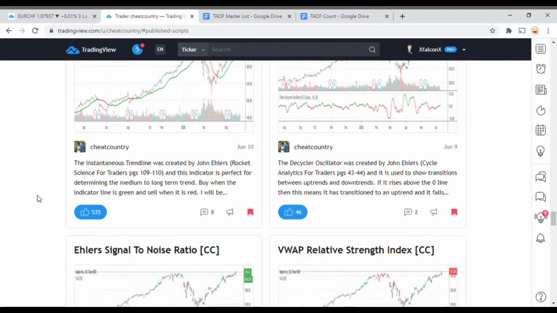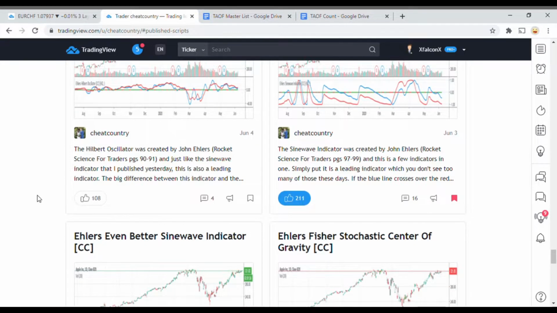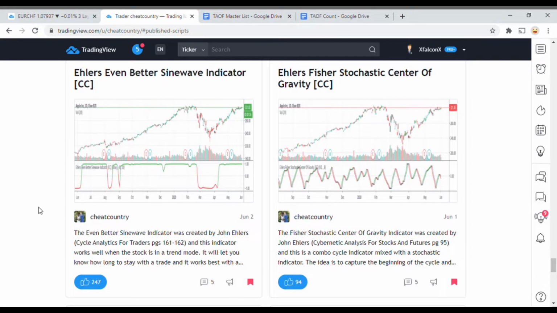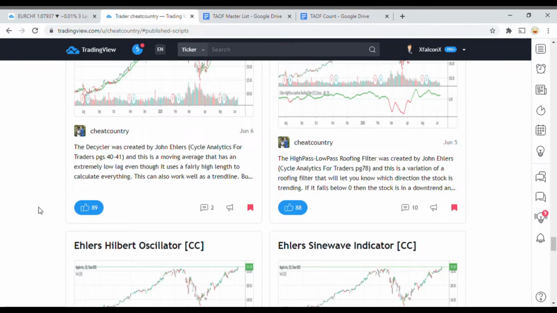A lot of Ehlers's indicators don't really work specifically by themselves. I mean, it's not that they can't. It's that, again, the vast majority of them are meant to be layered on top of each other.